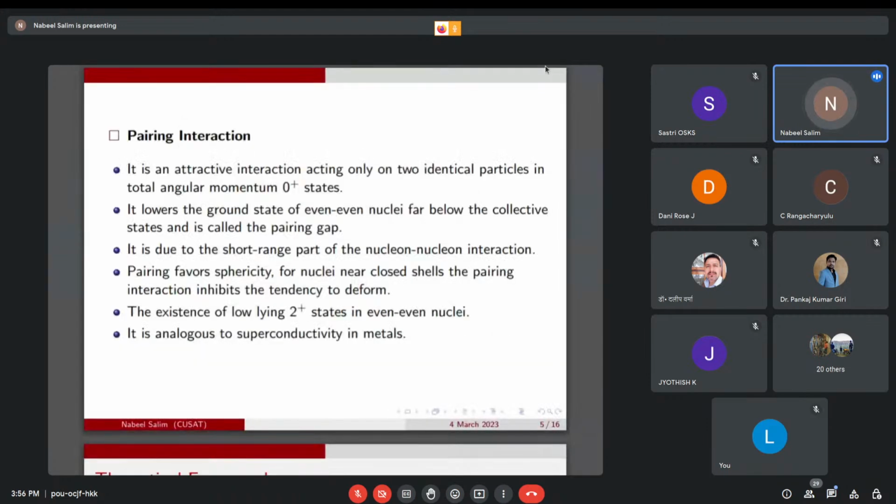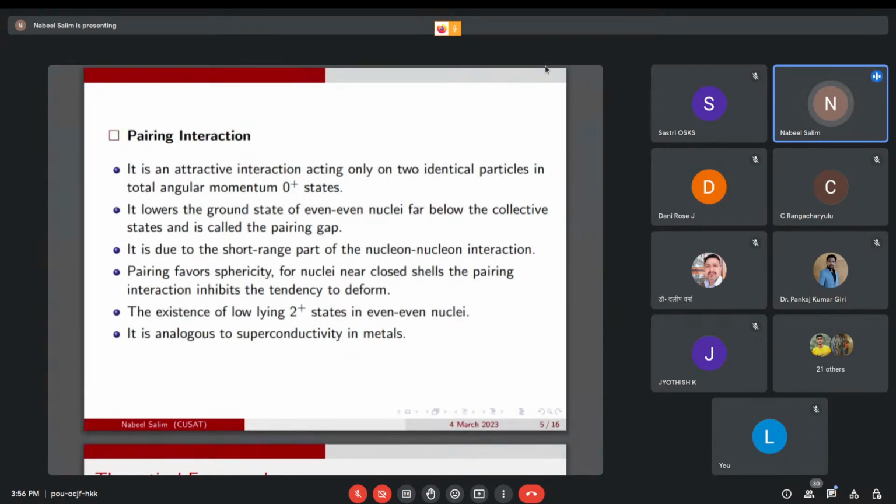Pairing interaction is an attractive interaction between two neutrons with the same quantum numbers except the projection of their spins. Pairing also affects even nuclei, as their ground state becomes a 0+ state for all even nuclei, and there is an energy gap, which we call the pairing gap, in even nuclei far below the collective states.